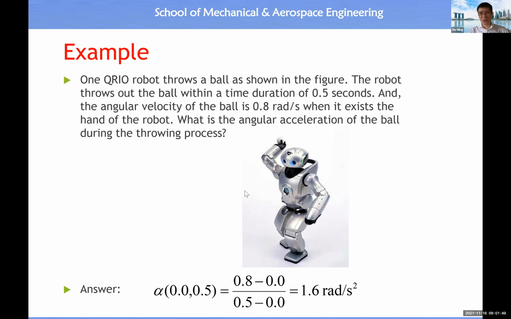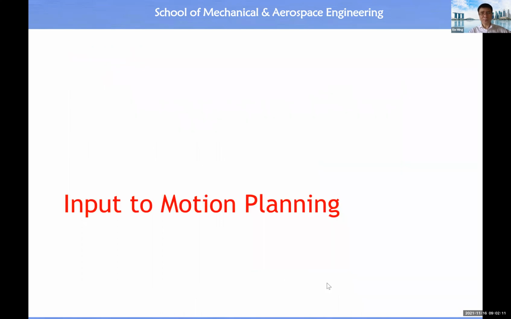Then we ask you to determine what should be the angular acceleration reached by the ball. So we just compute the ratio between the variation of angular velocity and the duration in which this variation occurs. Then we will get this simple answer.